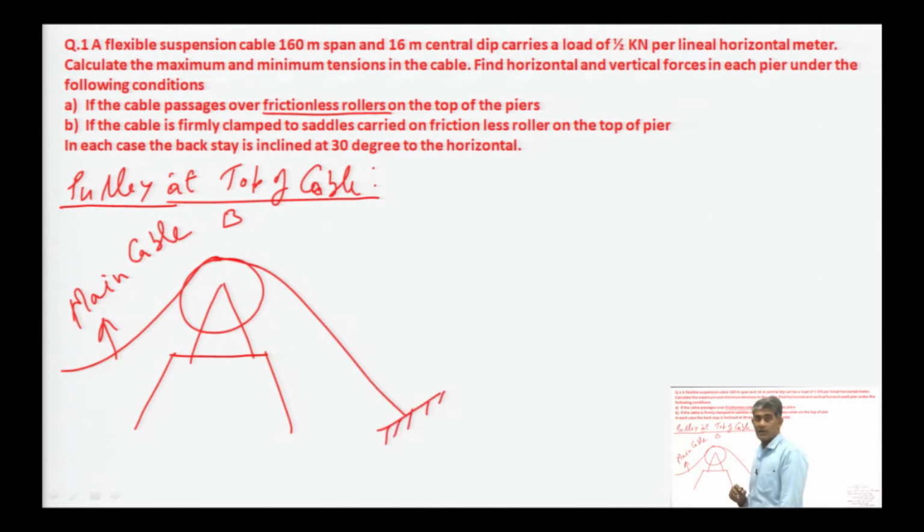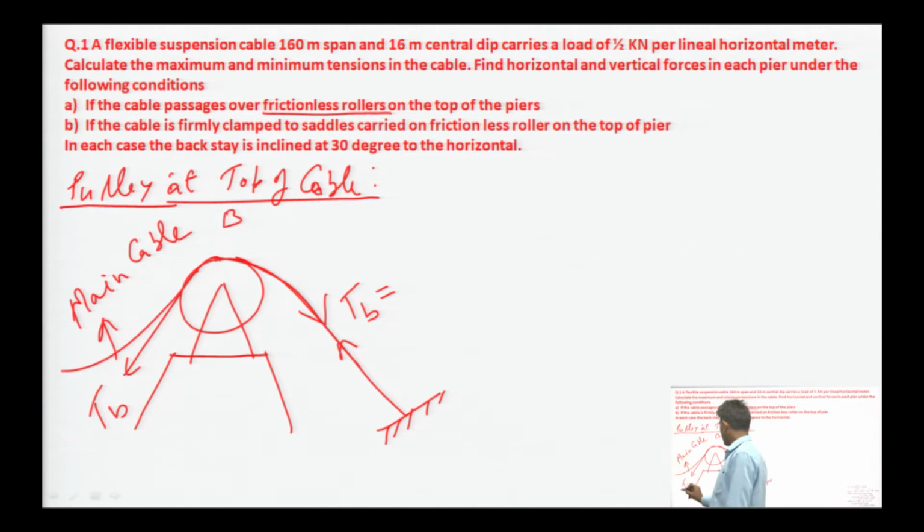Here the tension is TB, which we have calculated, the maximum tension. Since it is frictionless, the value of tension in this will also be TB. That calculated value is 108 kilonewtons.